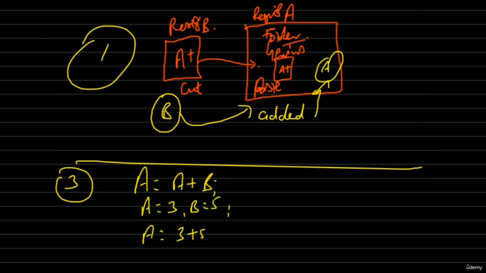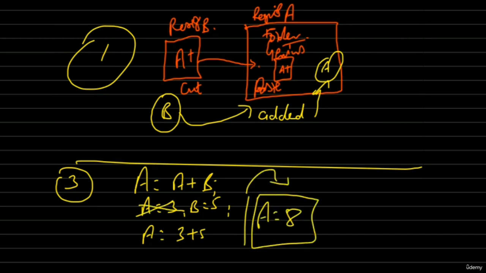The value A is actually storing is 8 and not 3 anymore. 3 was initialized but is not there anymore; it gets updated with 8. That's what happens when you program, and this is how we have to design our digital electronics circuit, either digitally or physically, so that we can do the operation in this way.